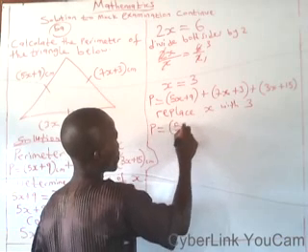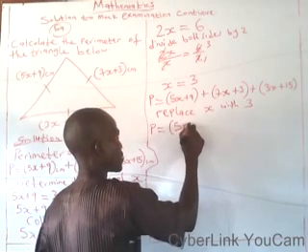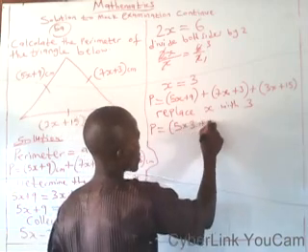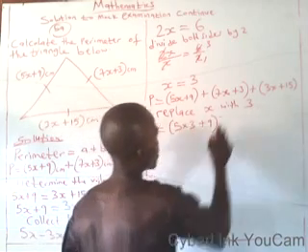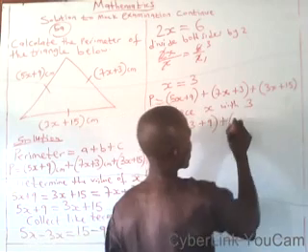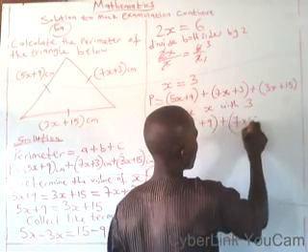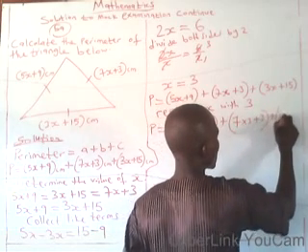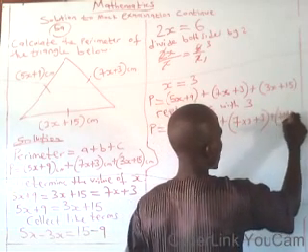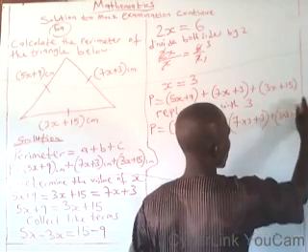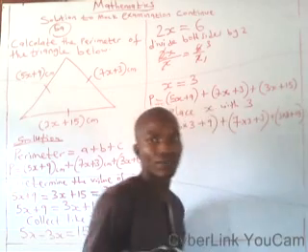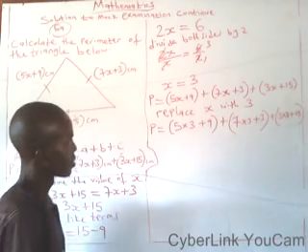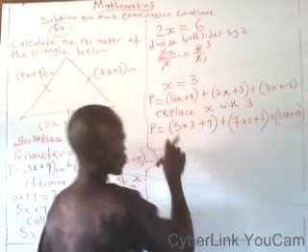Therefore, we are going to have 5 times 3 plus 9 in this bracket, plus another bracket, 7 times 3 plus 3, plus 3 times 3 plus 15. Then close the bracket here. 5 times 3 will give us what?